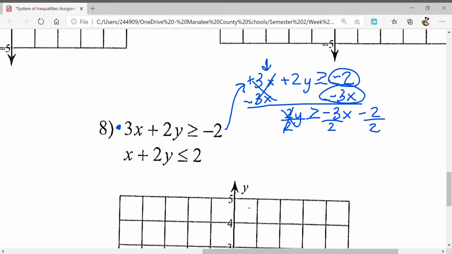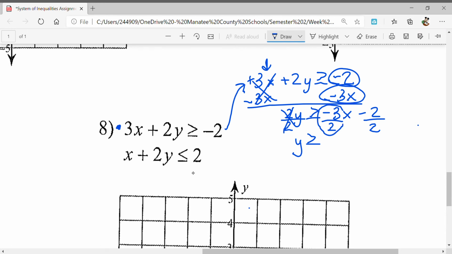So those 2's cancel out. I bring down the variable y, and we do not flip the inequality sign. It stays the same, because the only time you flip it is if you multiply or divide by a negative number. That 2 is positive, so it stays the same. And then we can start simplifying if we can.